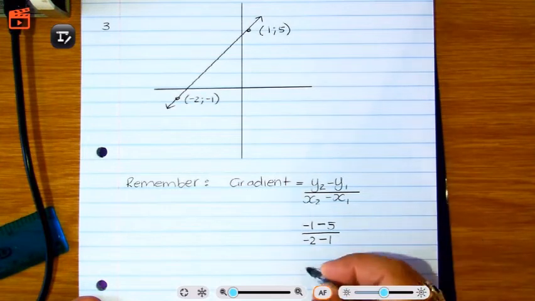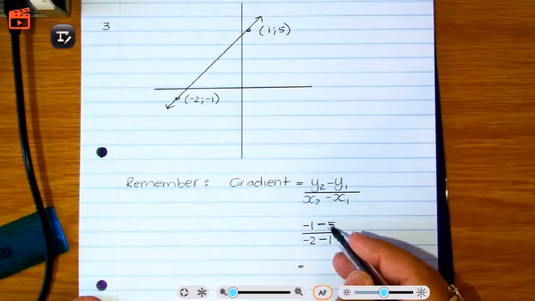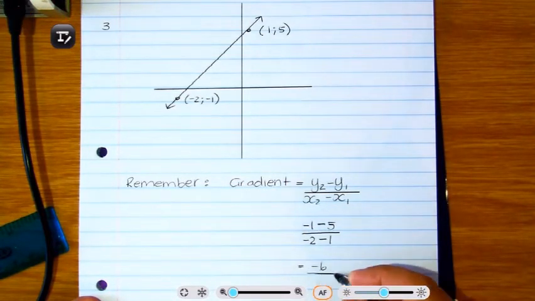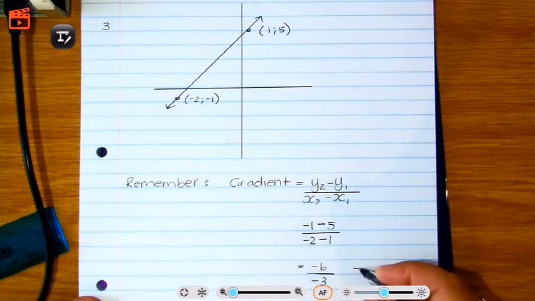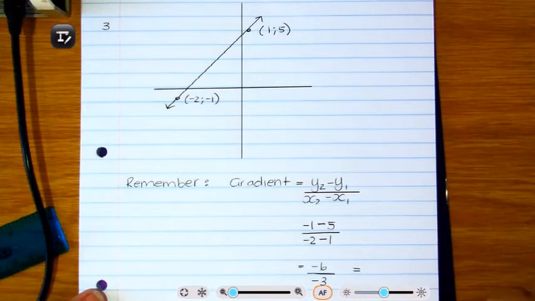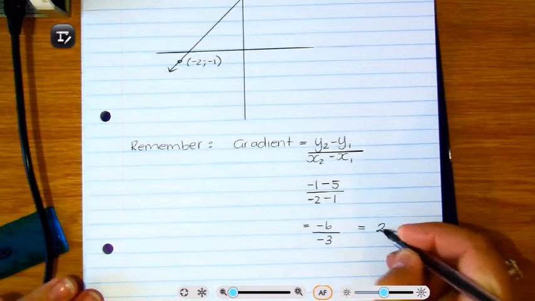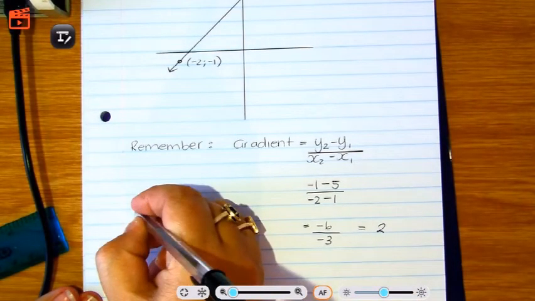From there, I've got -1 minus 5 is -6, over -2 minus 1 is -3. And I know that -6 divided by -3 gives me 2. So therefore, my a value is 2.